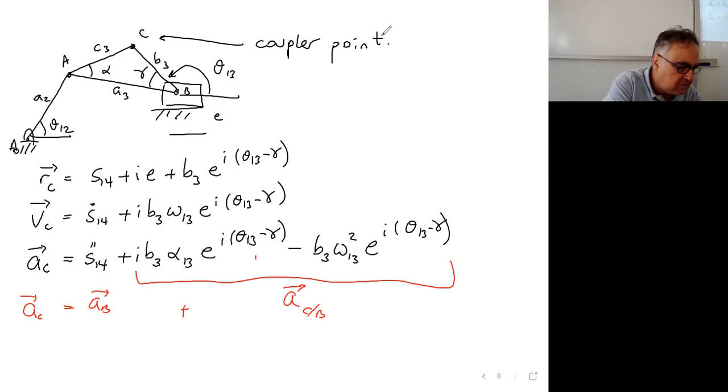Although it takes a long time to solve, the velocity and acceleration analysis for mechanisms is straightforward because the equations are linear in terms of the unknowns. So you can use the rules of linear algebra, which makes it systematically easier to solve. But of course, it might take a lot of effort.